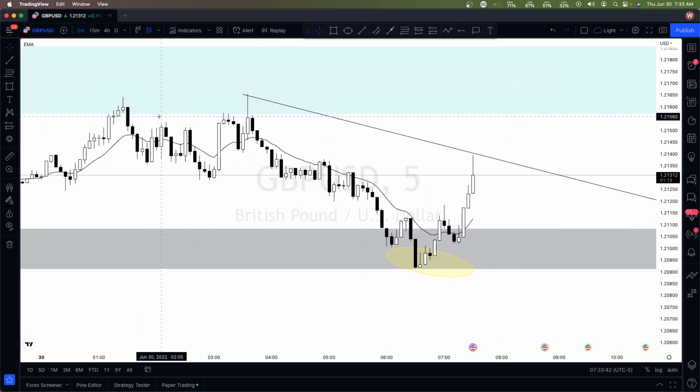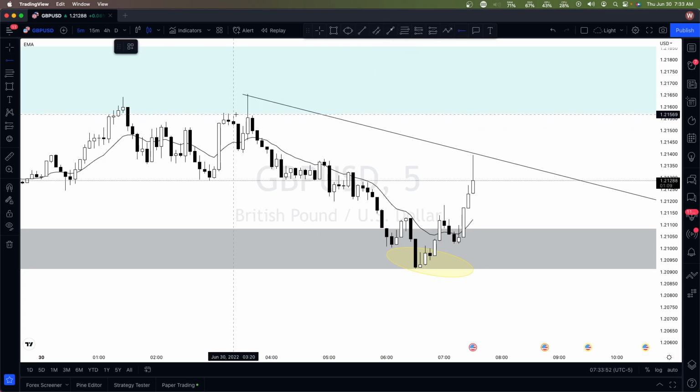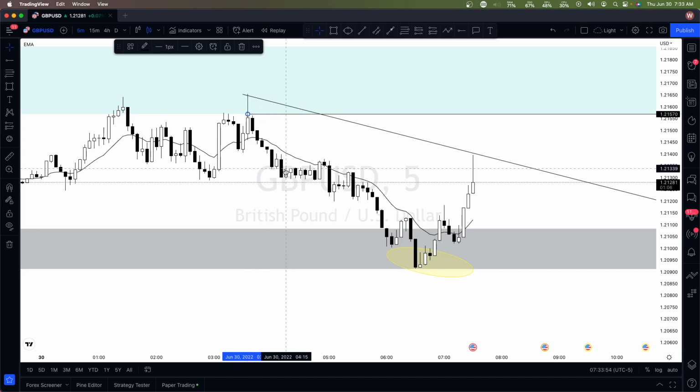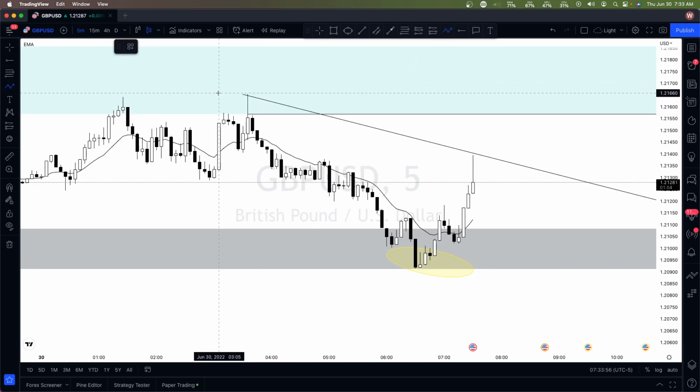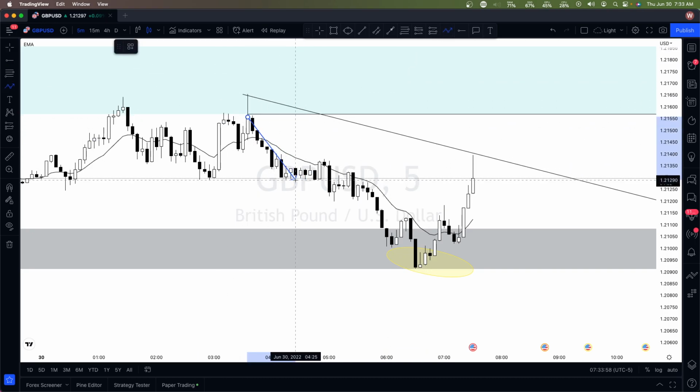We have this double top right here. So right here we have this movement starting here. Then we have consolidation right here. Then next we have this engulfing candle closing below all this.